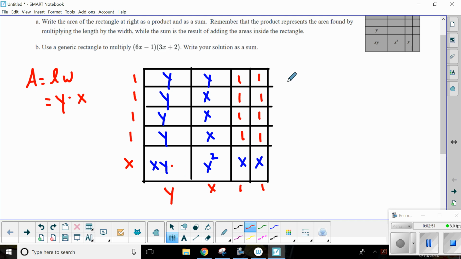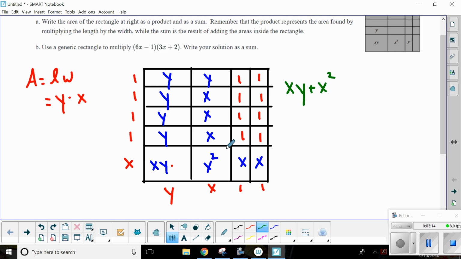So it's time to write this in terms of a sum. And for a sum, I just add together all the areas, grouping together like terms. So I've got 1xy here. So I write xy like that. I've got 1 x squared. So I write x squared like that.